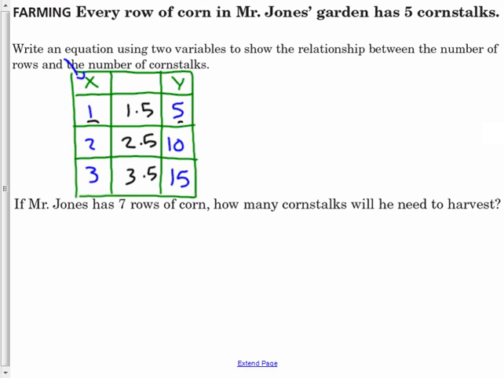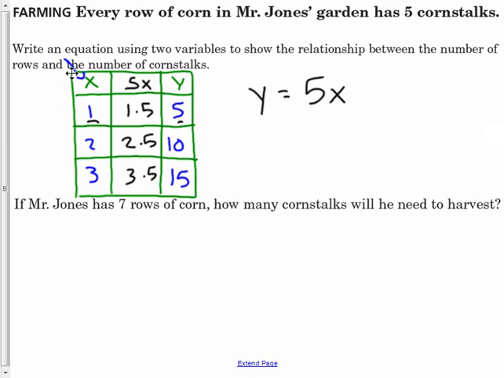So what I'm doing is taking my x value, my input, and multiplying by 5. So I'm going to say my function rule is 5 times x. So that becomes my function rule, or my equation. Y equals 5 times x.